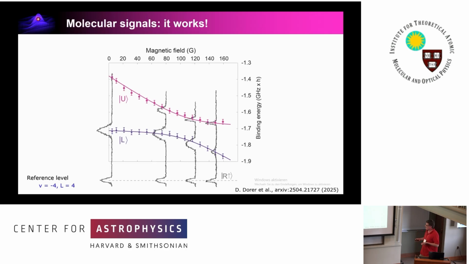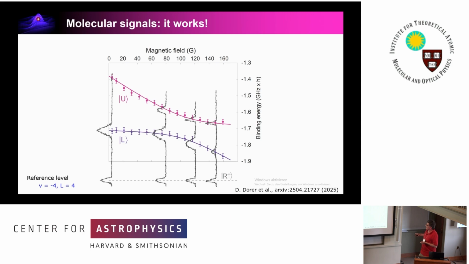So we do this now at different magnetic fields, for example, close to 0, 80, 120, and 140. And you see when we do this at like 4 Gauss or so, here we get a big signal. So we populate this level very strongly. Here we have a negligible signal, very small.